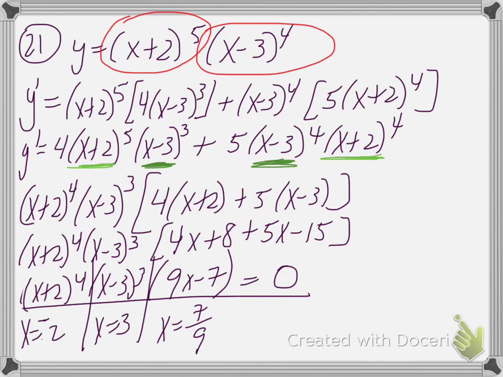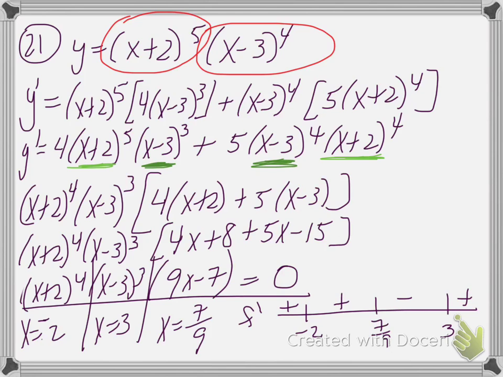I don't know that they're critical points unless I put it into a wiggle graph. So here's my wiggle graph, and you're always going to put into the first derivative. So I'm going to have 3 values on there. And when you substitute values into the first derivative, you should get positive, positive, negative, and positive.